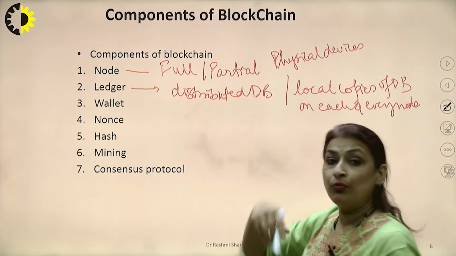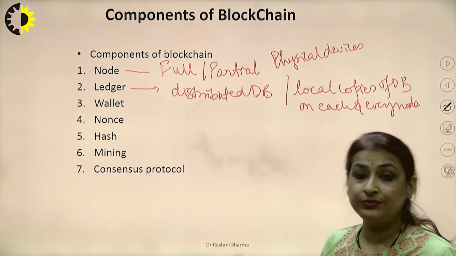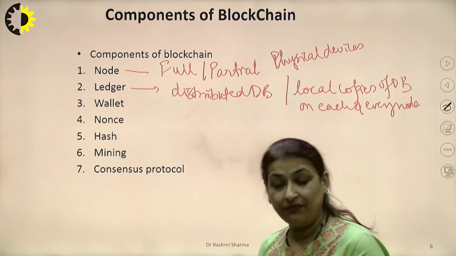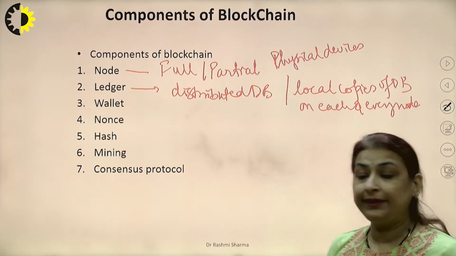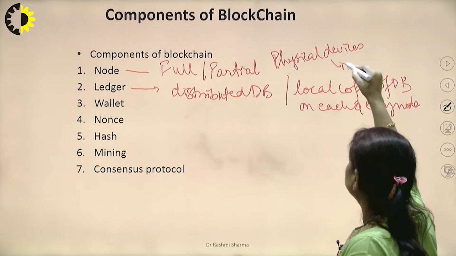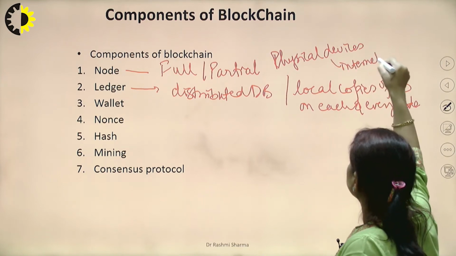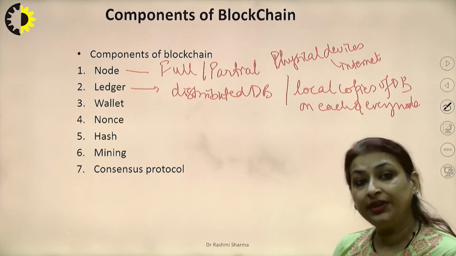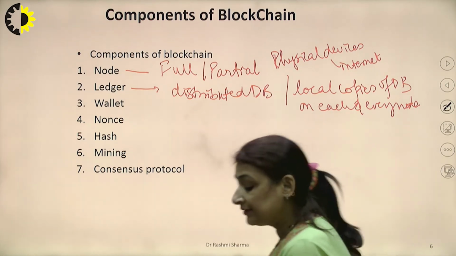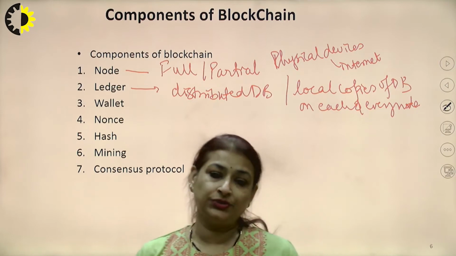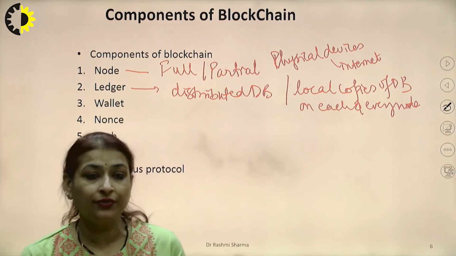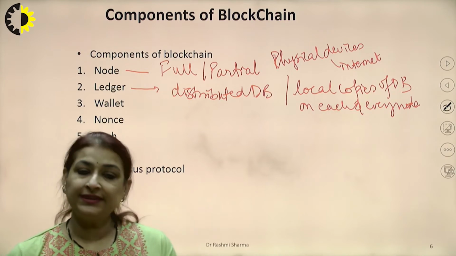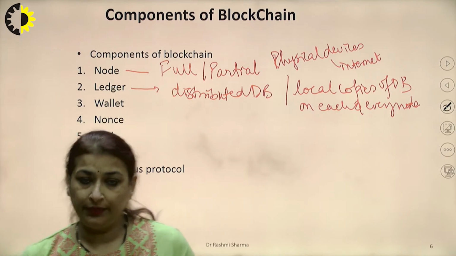These can be your mobiles, laptops, or desktops. Any physical device which is connected with the internet is called a node. And the database on each and every node was called the distributed ledger, which keeps the entry of all the transactions from day one which have taken place in that particular blockchain environment.